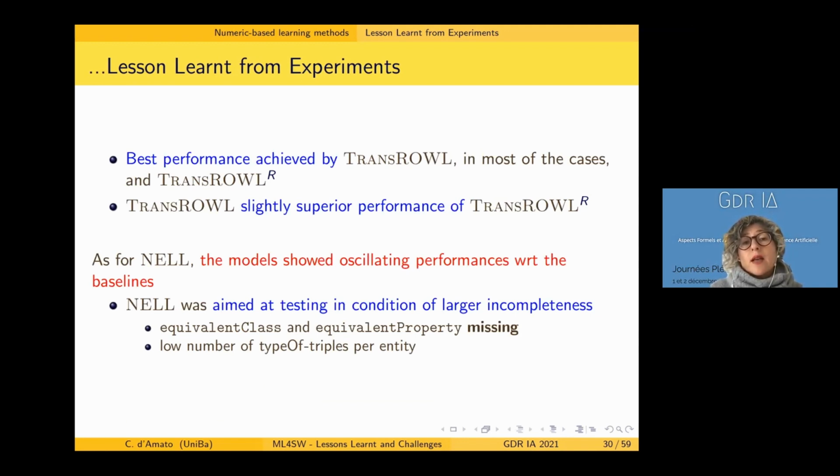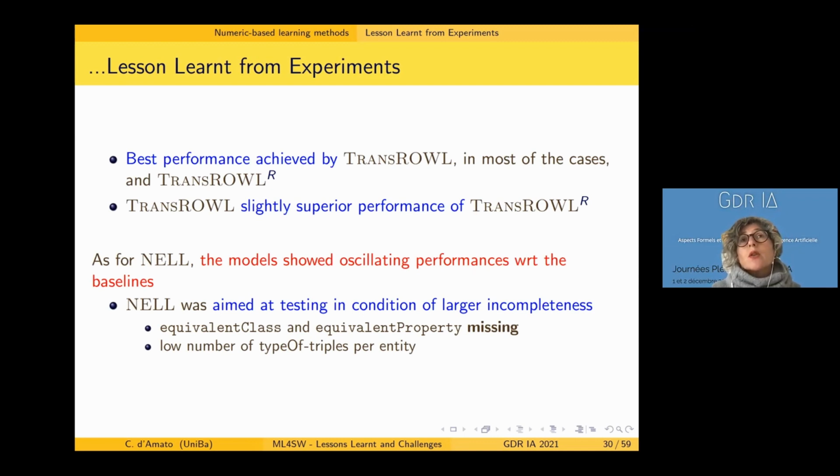TransR-OWL and TransR-OWLR were able to outperform the baseline models in most of the cases, particularly looking at the comparison between TransR-OWL and TransR-OWLR, which was important in order to understand which of the two approaches provides better results: either generating additional triples explicitly, which is slightly more costly, or adopting an axiom-based regularization approach.